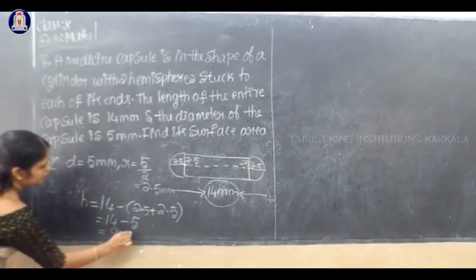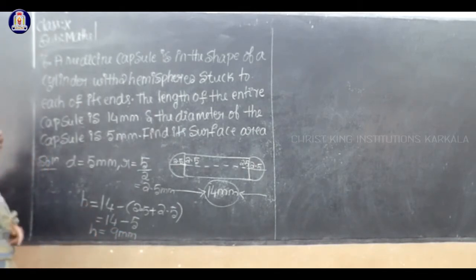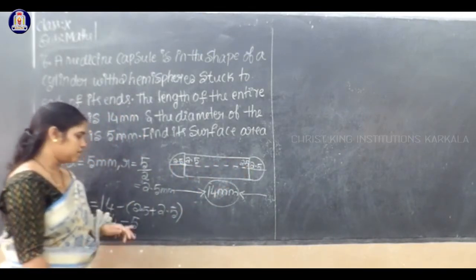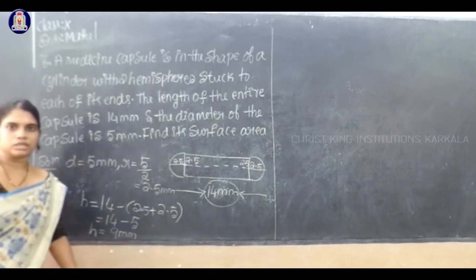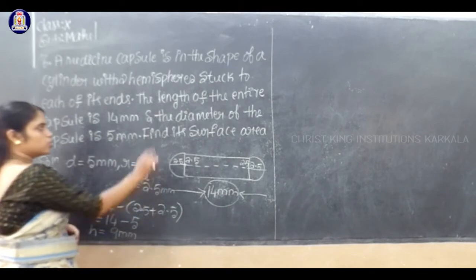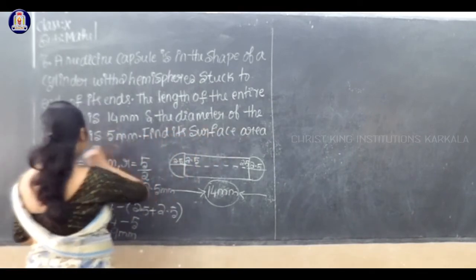So you will get 9 millimeter. The height of the cylinder is 9 millimeter. Now our question is to find its surface area.